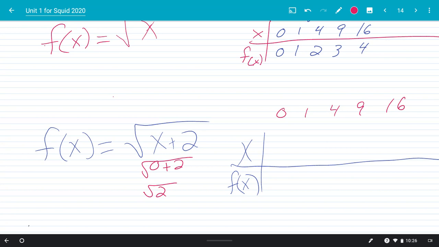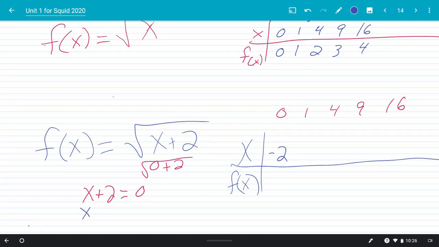Well, that's not a perfect square. I'm in trouble, aren't I? What instead I need is I need that x plus 2 to equal 0. Well, what can I put in for x to get x plus 2 equals 0? -2. So that would be my input.